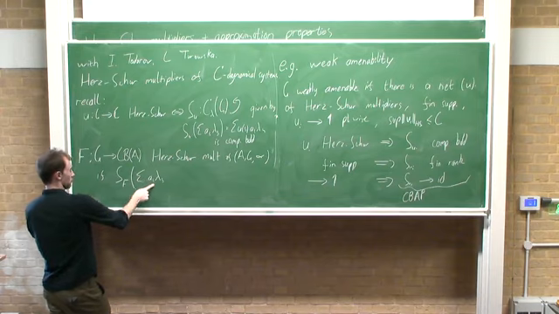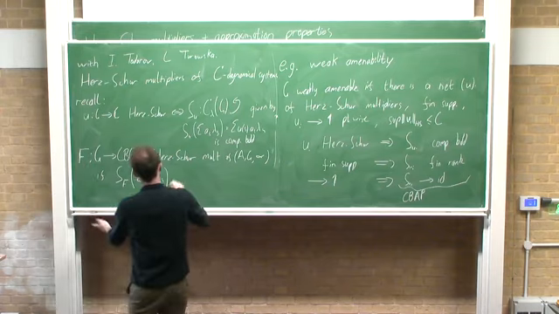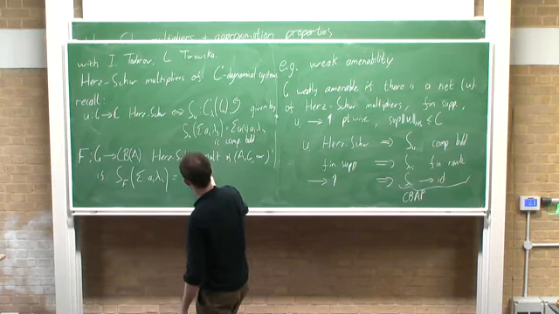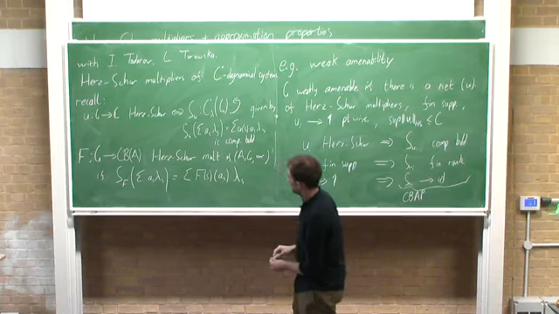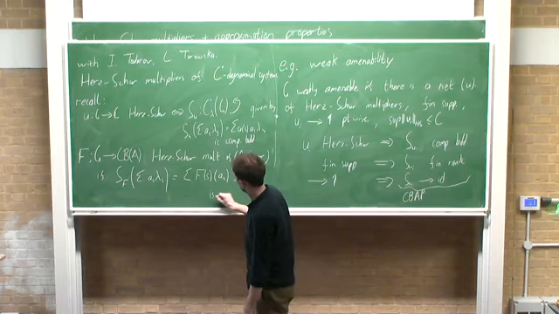So remember the a's now come from the C-star algebra. If this map is completely bounded.